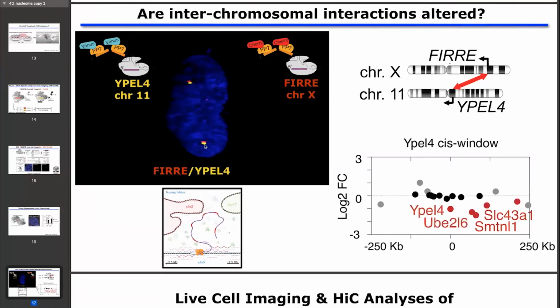And what's interesting in the knockout of Firre, in the bottom right corner here, you're looking at that same cis window view in a Firre knockout of fold change of wild type over knockout. And you can see Xpl4 is quite far down, but interestingly, so are all the neighboring genes. And this is actually the region where we see the RNA bound, from a previous study collaborating with Mitch Guttman and Jesse Engreitz, where we looked at where Firre is bound on DNA outside of the X chromosome.